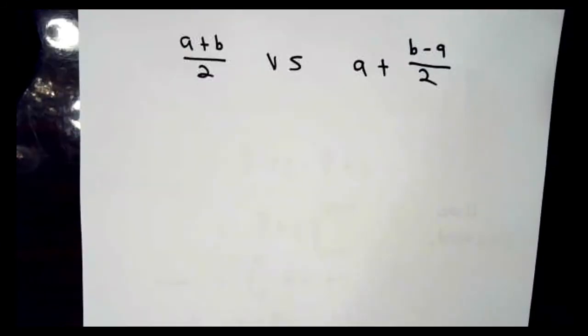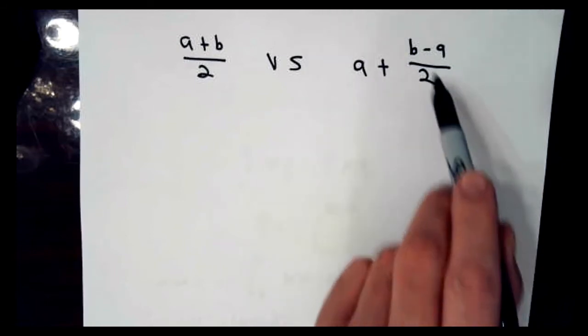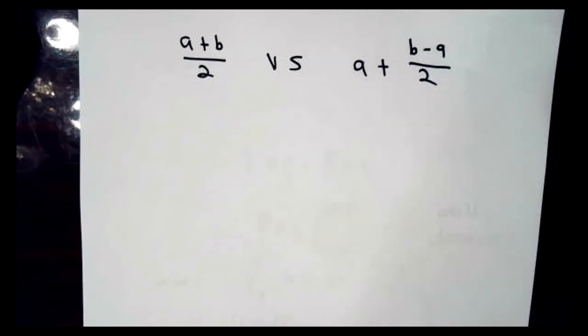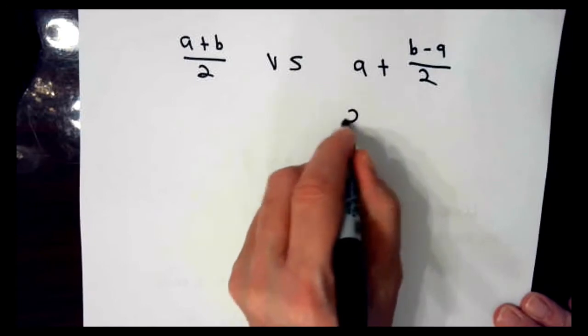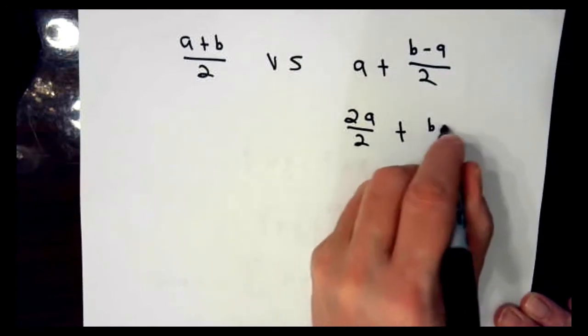I claim that the expression (a + b)/2 and the expression a + (b − a)/2, I claim those two numbers are the same number. It's not very hard to see because a is 2a/2.